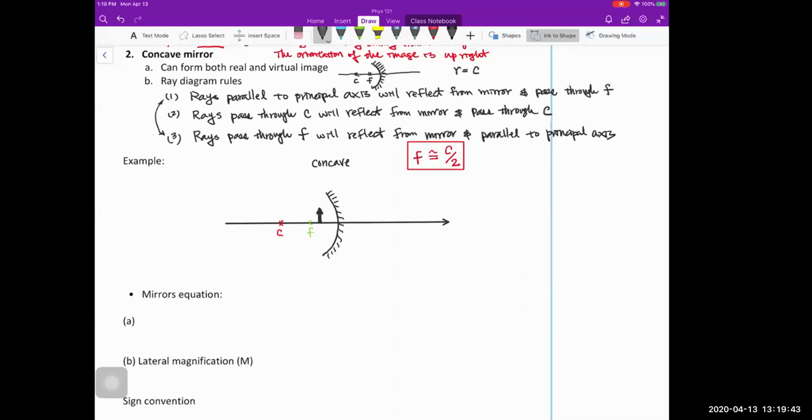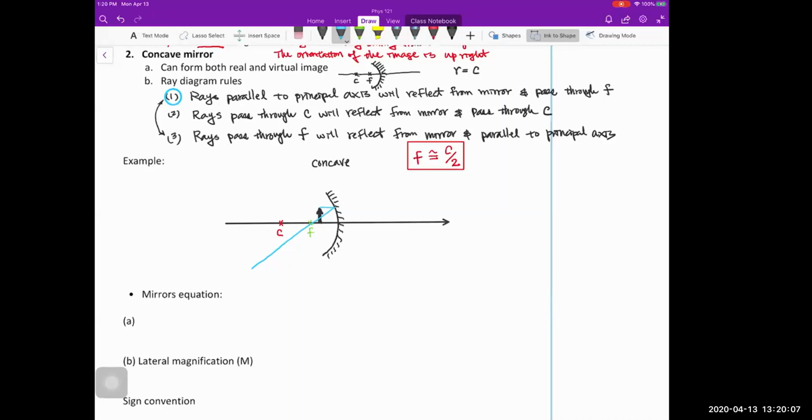First one I'm going to draw is based on rule number 1. The light parallel to the principal axis will refract and pass through the F. So refract, pass through the F. F is here.